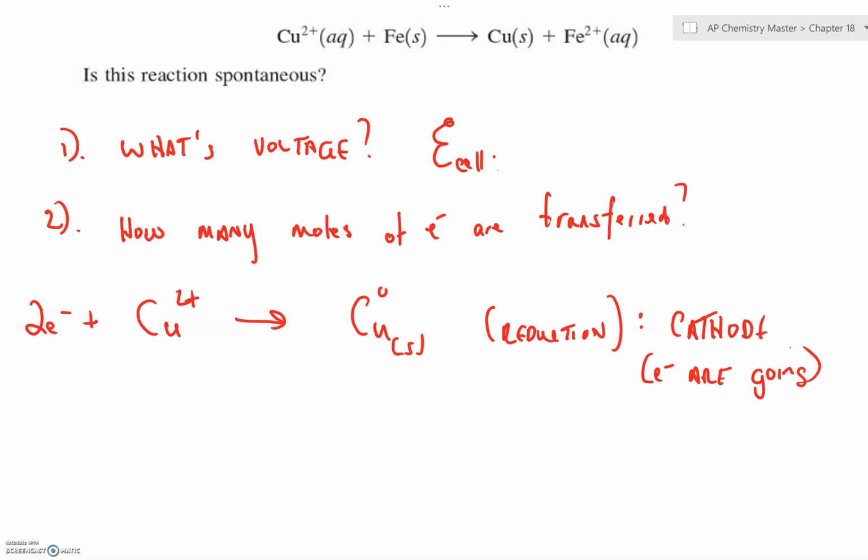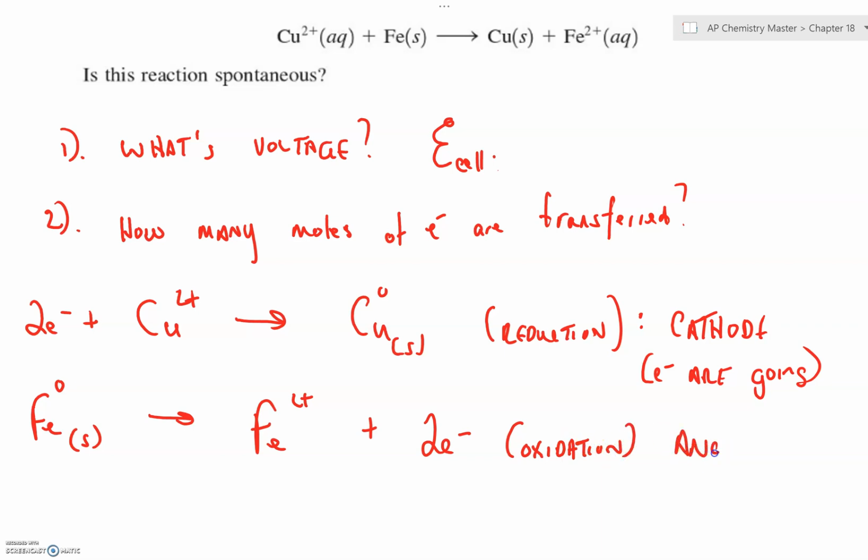In our other half reaction, we have iron, which is solid and has a charge of 0, and it is being oxidized to Fe2+, getting rid of 2 electrons. So this is oxidation, which means this has to be the anode, because this is the source of electrons.